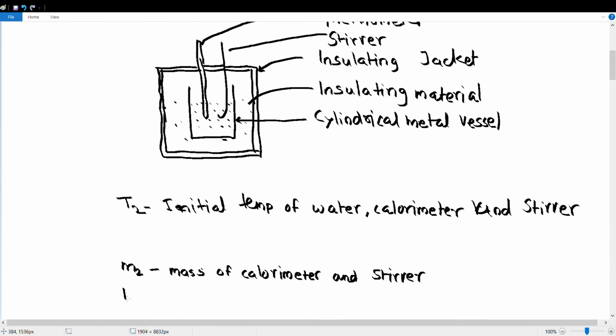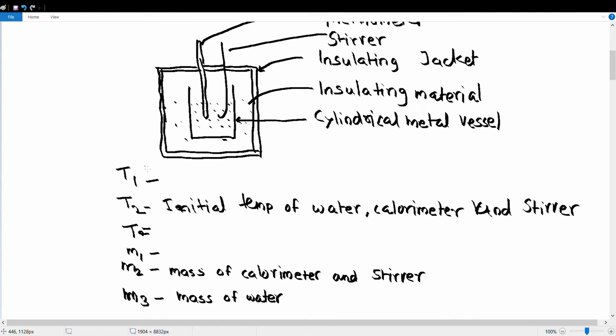And let us consider M3 be the mass of water. We are left with temperature T3, temperature T. We are left with mass M1. We are left with temperature T1. These are not known to you.